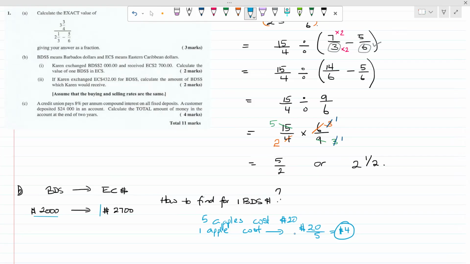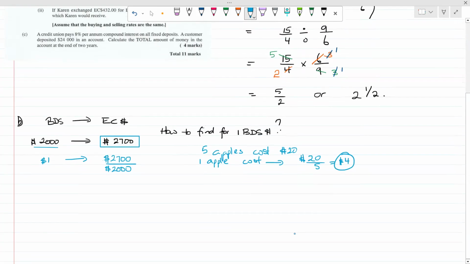$2,000 giving more 2,700. So if I want to find out how much $1 gives, then I'm going to do what? I'll divide. Everybody agree with that? Thumbs up if you agree with that. All right.